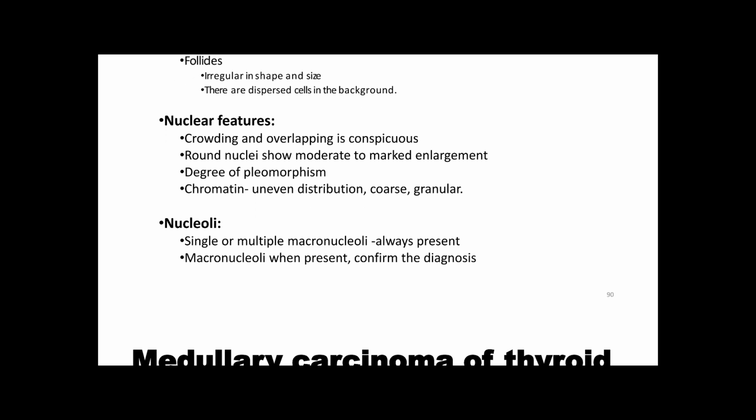When we consider the nuclear features, crowding and overlapping is conspicuous. The round nuclei show moderate to marked enlargement and a varying degree of pleomorphism. The size is different, right? And there is uneven distribution of coarse and granular chromatin.